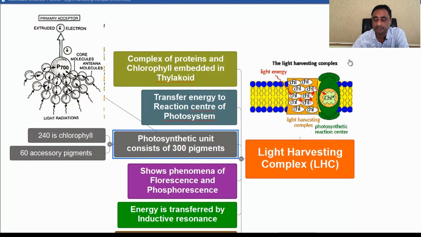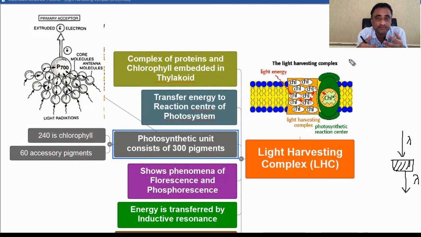Suppose this is a chlorophyll molecule, and if I give it light of wavelength lambda, and the light coming out is of wavelength lambda dash, then if I compare lambda and lambda dash, which one is going to be greater? Of course, this one.